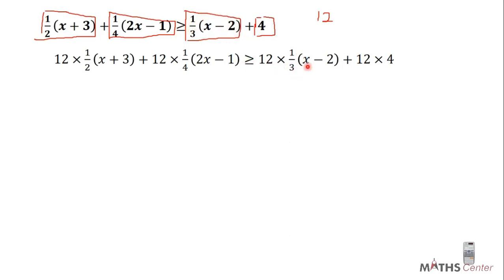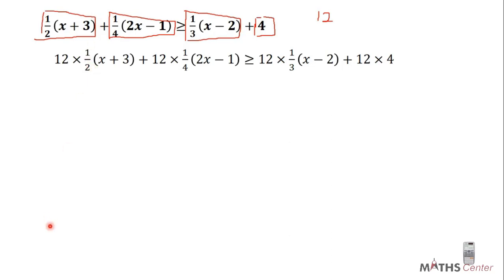So 12 times 1 over 3 into bracket x minus 2, plus 12 times this term here, which is 4. So I hope that's clear. You first find the fractions, you find the LCM of the denominators, then you identify the terms, and you multiply each term by the LCM. Remember, in the question, you don't have to put these boxes around them. I just put the boxes there to explain to you what the terms are. So if you identify the terms, then you multiply each term by the LCM.